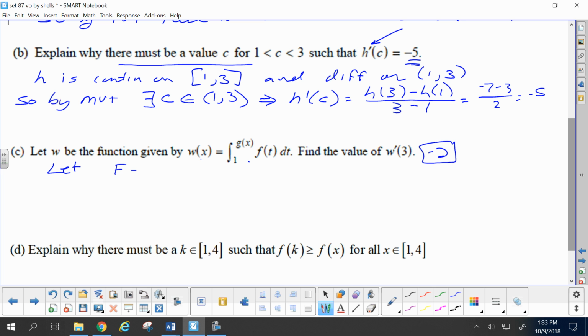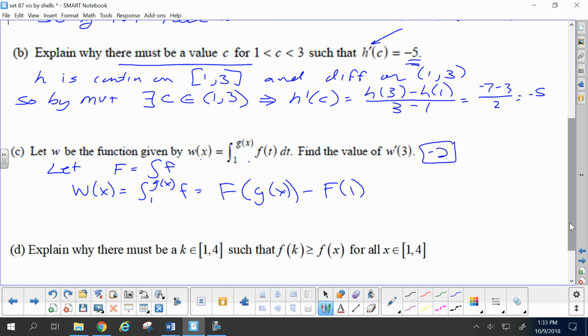I'm going to let capital F be the antiderivative of little f. That's pretty common notation in most calculus, at least in America. Therefore, W of x would be the integral from 1 to g of little f, which would be the same as capital F, the antiderivative at g, minus the antiderivative at 1.